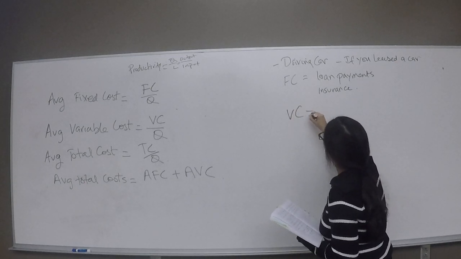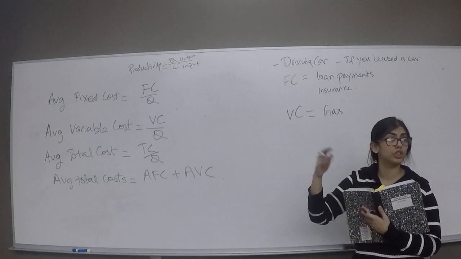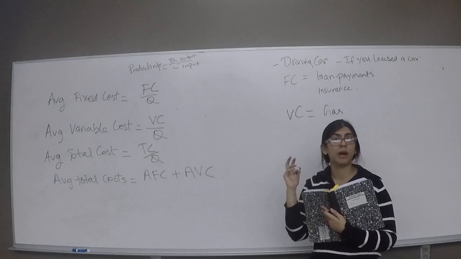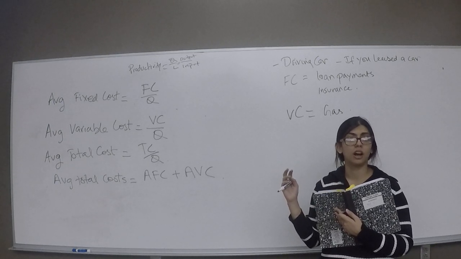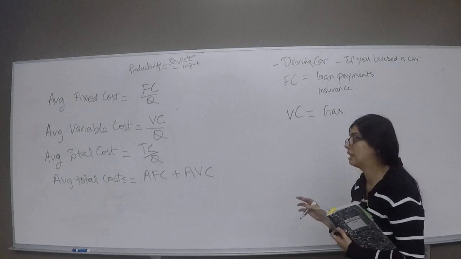The variable cost for driving the car would be gas, right? It varies with how much you drive. So if you're taking a trip to Florida, you might need more gas. If you're just driving in your hometown, you're going to need less.